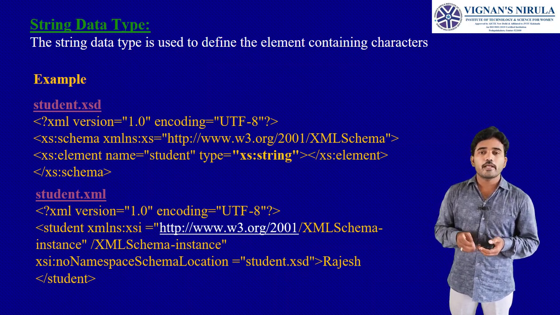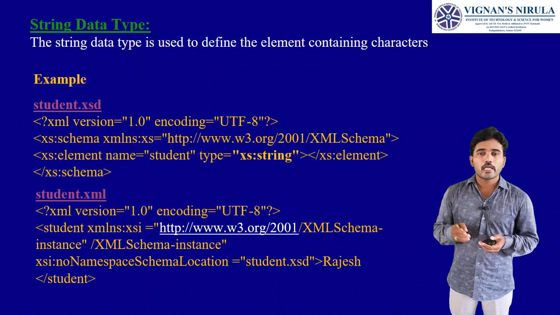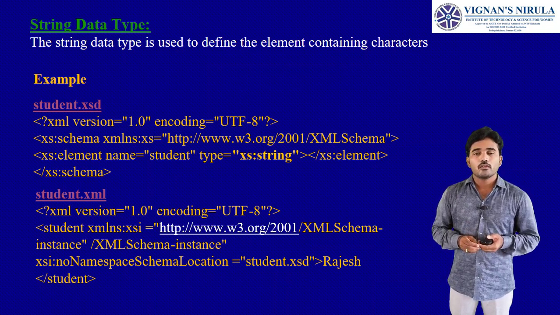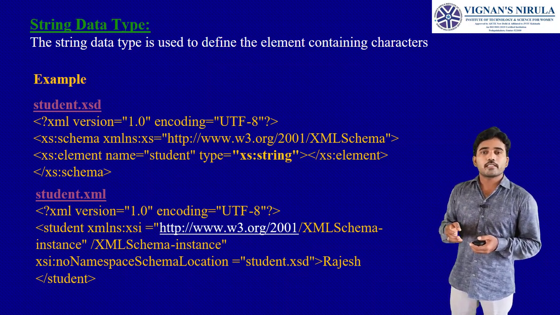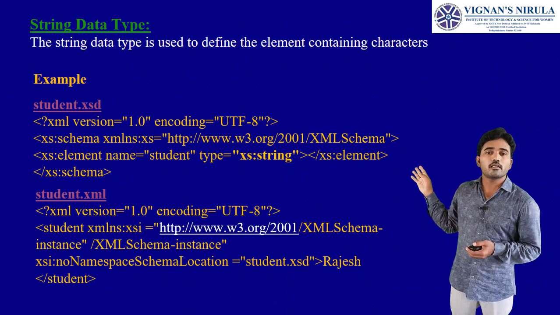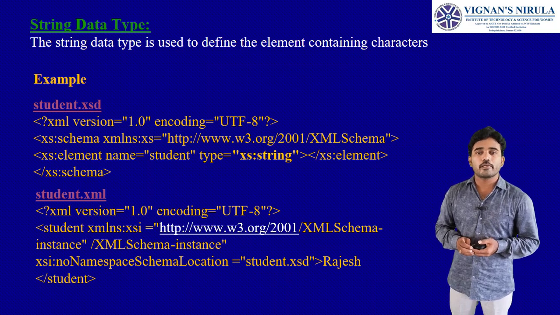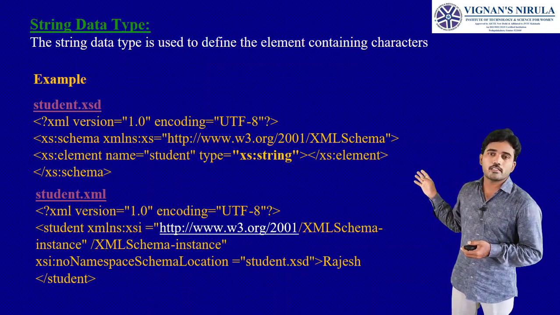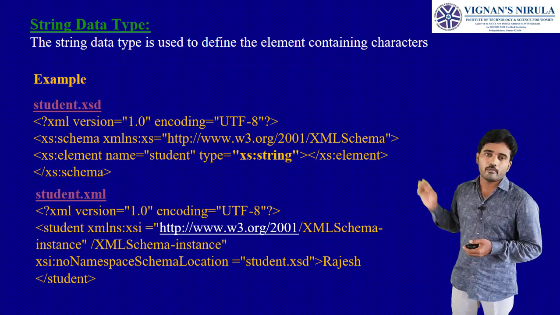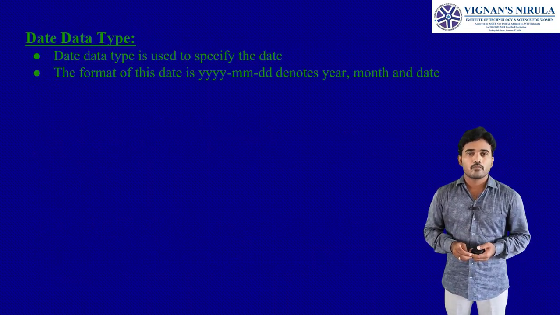So you have to write w3.org/2001/XMLSchema-instance. Followed by one more attribute where you use the XSD file as a reference, that is xsi:noNamespaceSchemaLocation equals the name of the XSD file, student.xsd. Here I have used my name. The element value that I have used is my name, Rajesh.